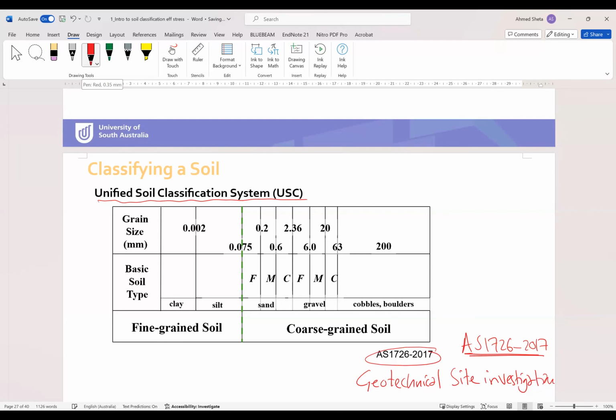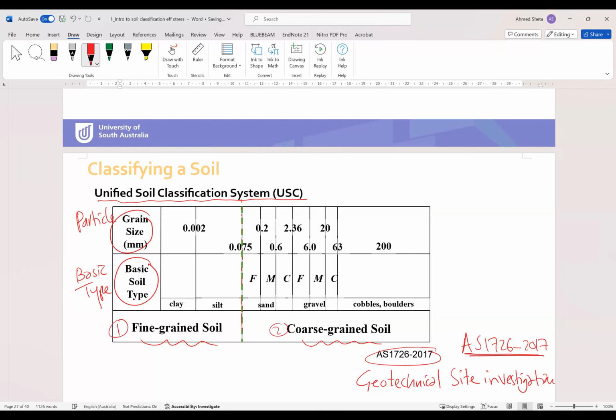Okay, if we look at this table or this figure, we have grain size or particle size, we have basic soil type, and we have some numbers here or some limits, and we have this borderline between the fine grained soil and the coarse grained soil. So this is the first part to differentiate between the fine grained and coarse grained.